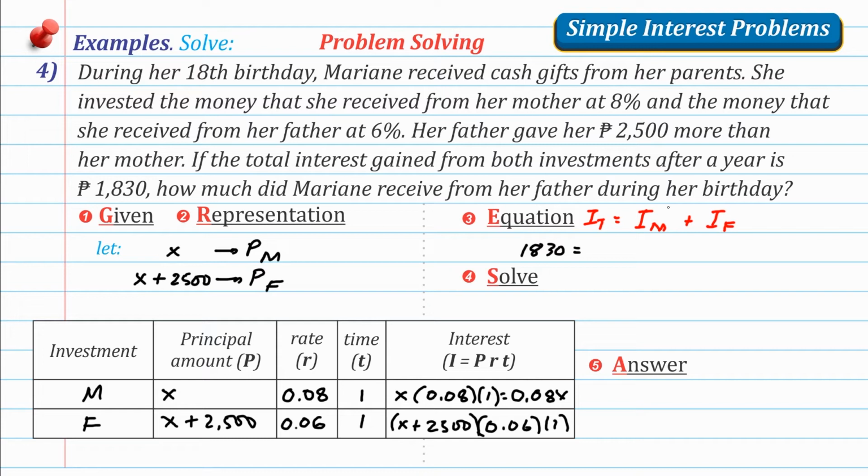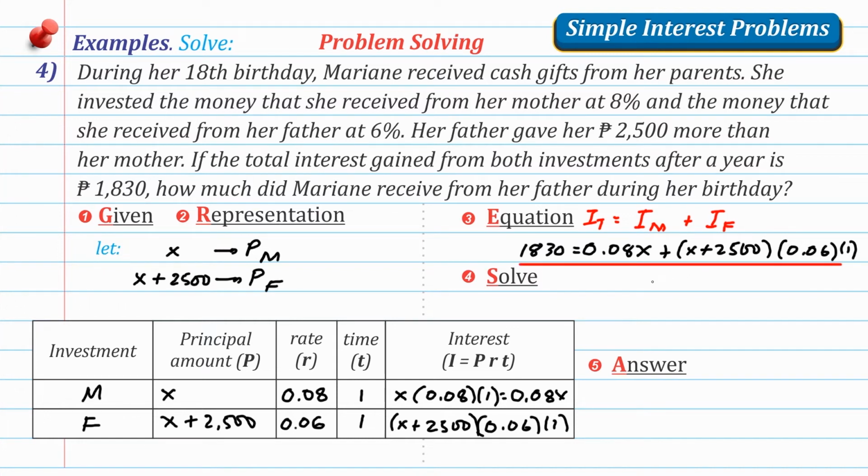Now, substituting also the interest from her mother, it's this value. So we have 0.08x. Done. Plus, yung kita from her father, it's this value. Now, let me just copy. Medyo marami. X plus 2,500 times 0.06 times 1. Now, this is our working equation. The equation that we need to solve para makuha natin yung hinahanap.